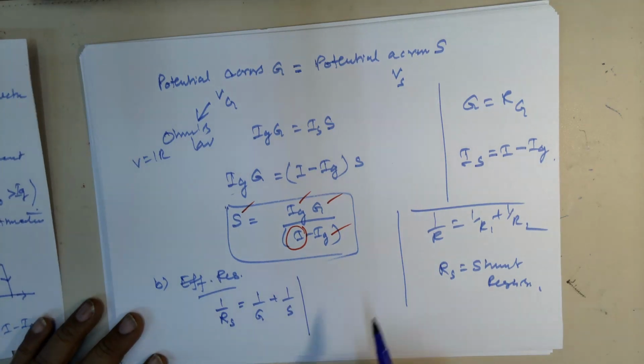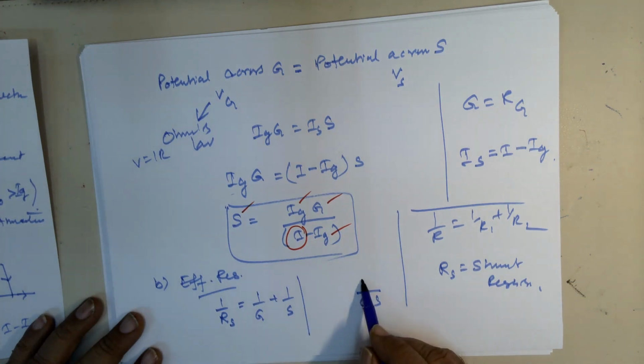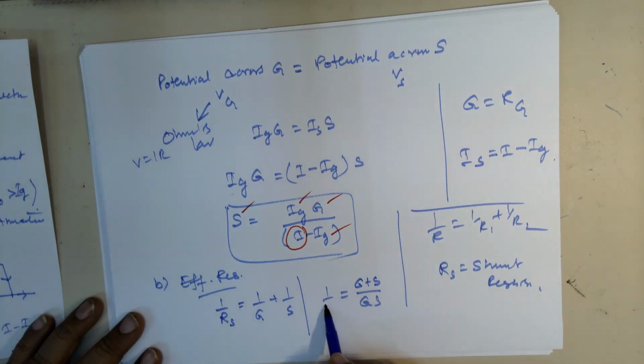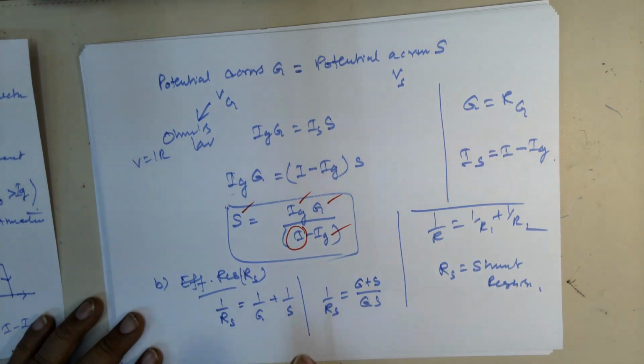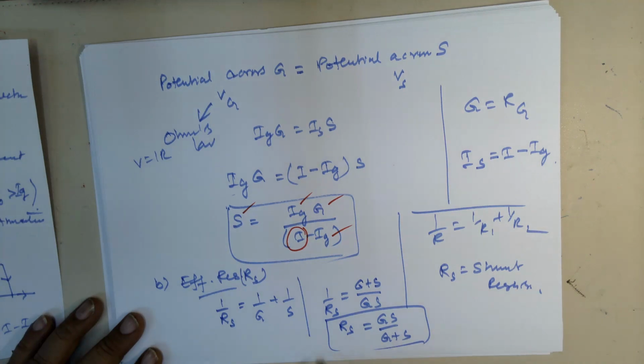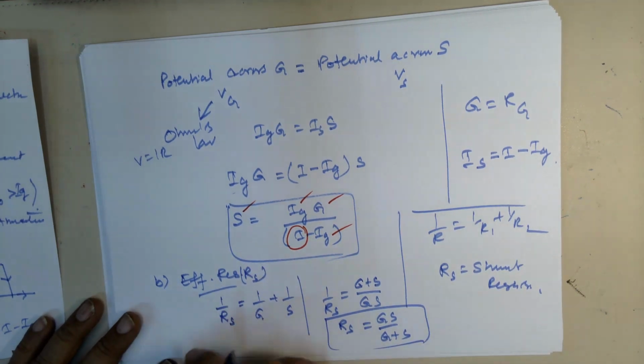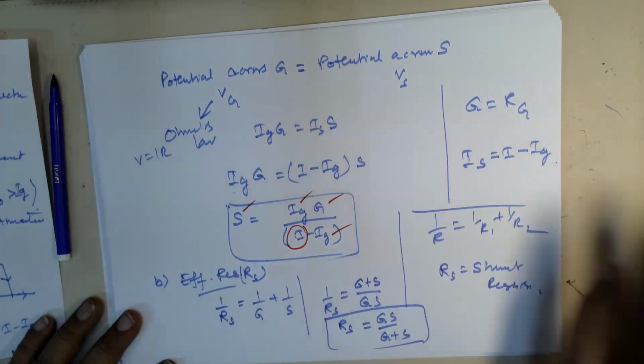So take the LCM, GS: 1 by RS is equal to (G plus S) by GS. Effective resistance means RS only, not the reciprocal, so we are interested in the reciprocal. So RS is equal to GS by (G plus S). You have to put the answer finally like this. Don't stop with this. Got it? Excellent.